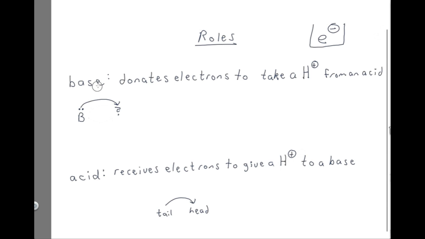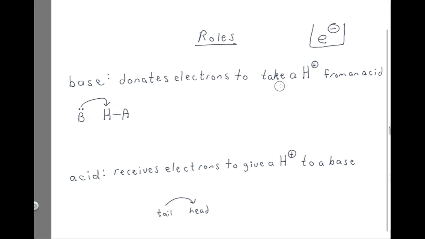What goes here? Well, remember that the base is donating electrons to take a proton from an acid. So here we put the hydrogen that the base is going to be taking. At the head of this arrow, we put the hydrogen that the base is going to be taking. And of course, what's the hydrogen attached to? The acid.